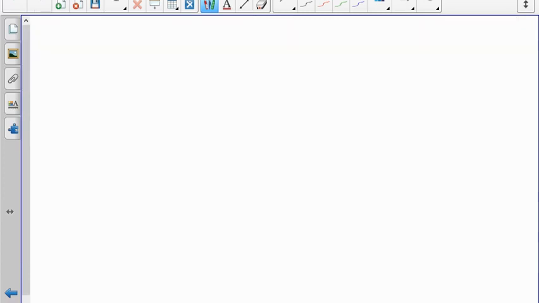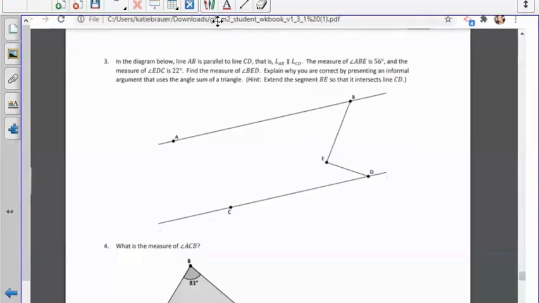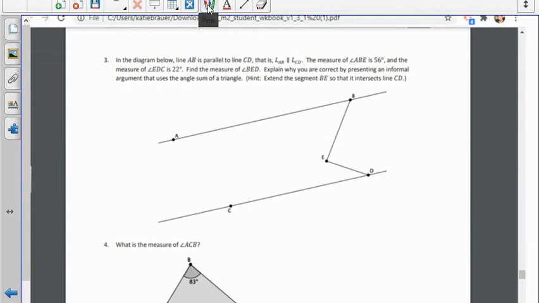I'm going to do a couple more with you. So this is number 3. This one is a little more difficult because it doesn't put the numbers or the angle measures in there with you. You have to do it yourself.